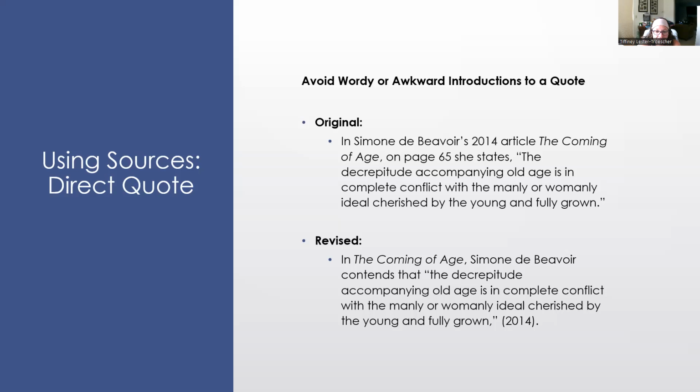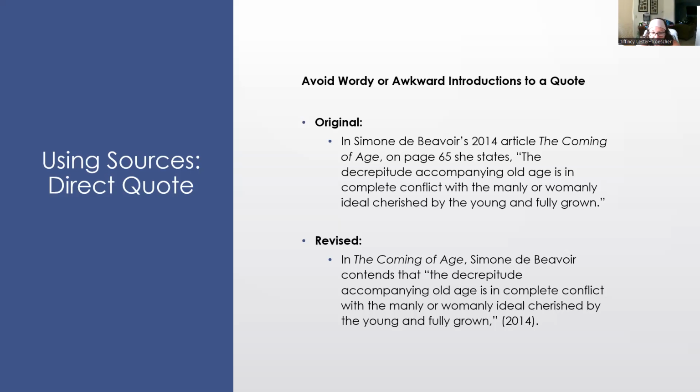I don't always need the author's name mentioned in the signal, because if you don't mention it there, you're going to put it in the citation. So I'm going to get it there. I don't always need to know the title of the article, unless it's super relevant to the point you're making. But if it's not, then just give me the quote with the citation.